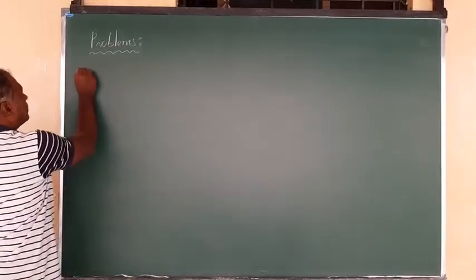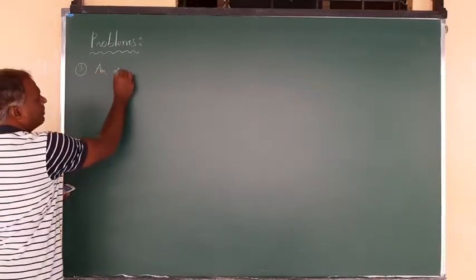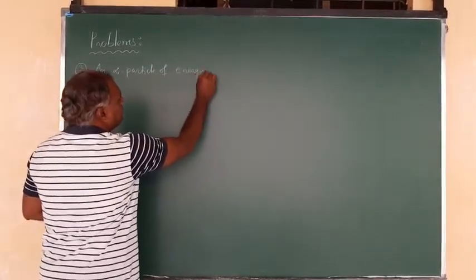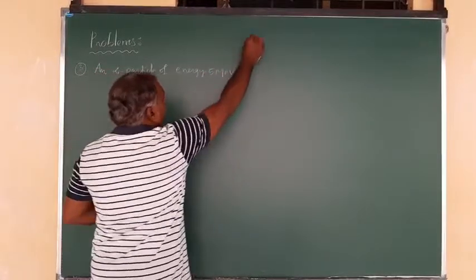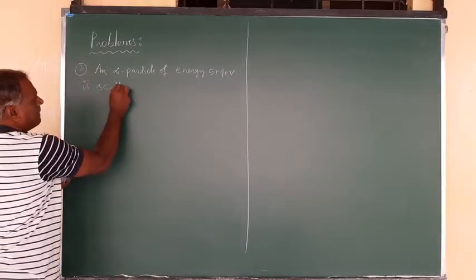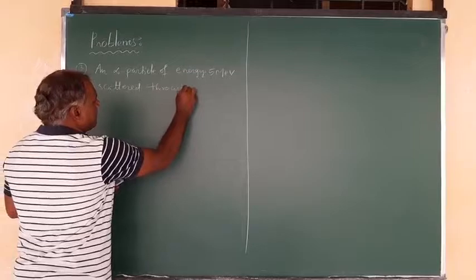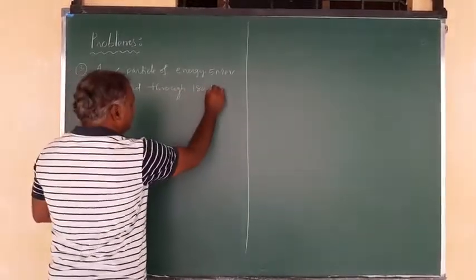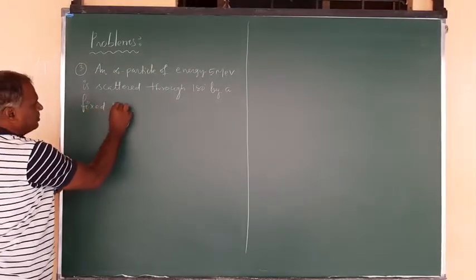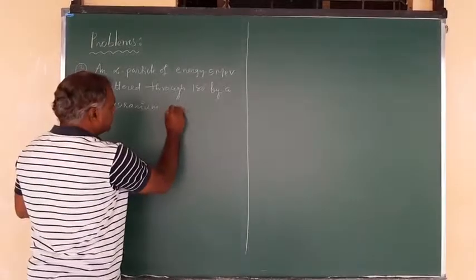Next one, third one. An alpha particle of energy 5 million electron volts is scattered through 180 degrees by a fixed uranium nucleus.